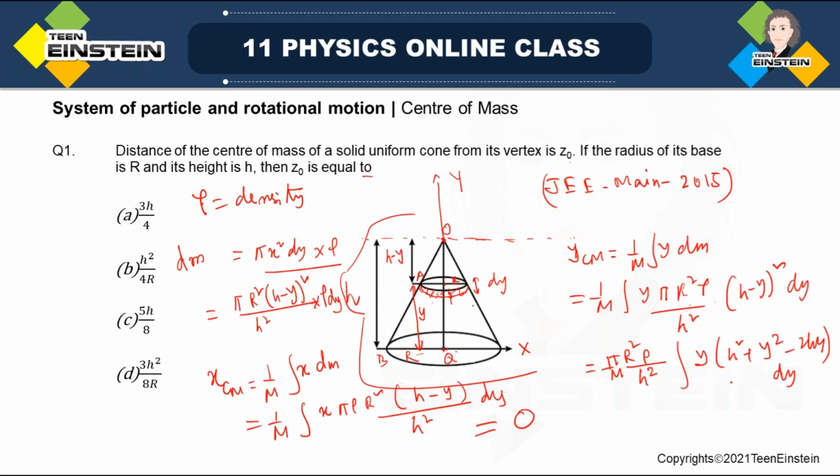Now if we integrate it, see what we get, and obviously the limits will be 0 to h, because the vertical height is small h, so 0 to small h.